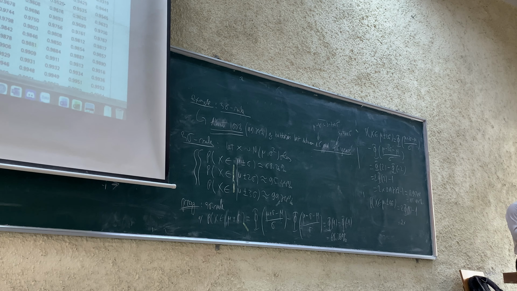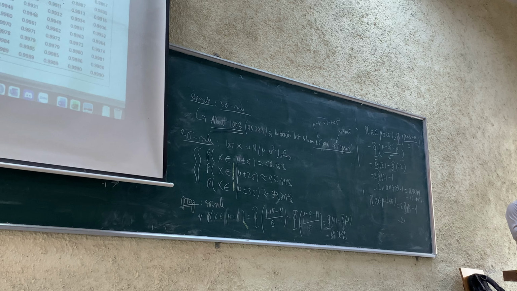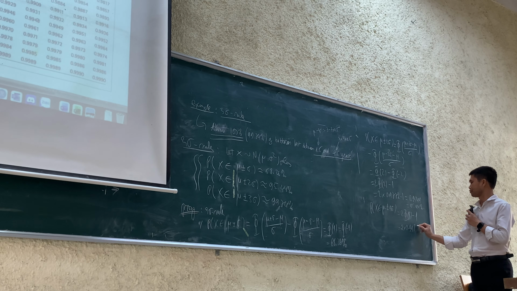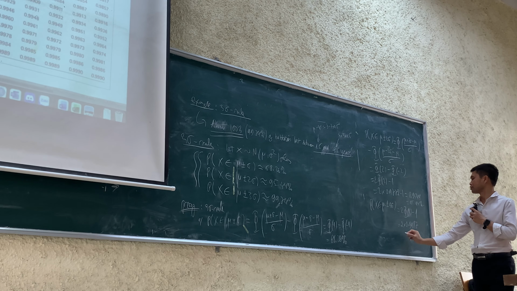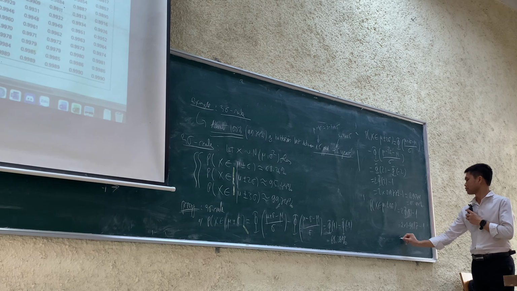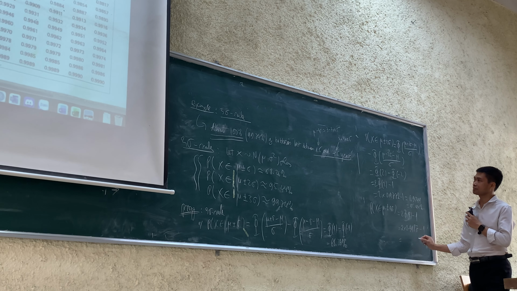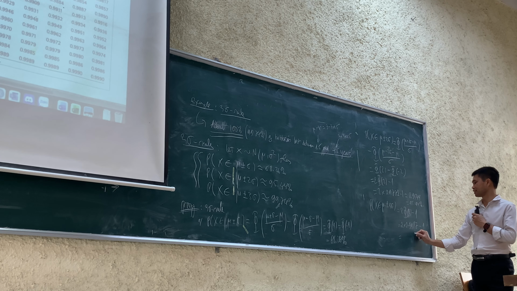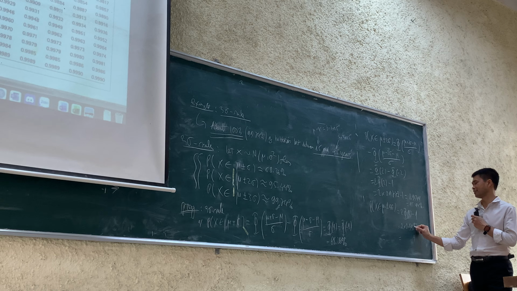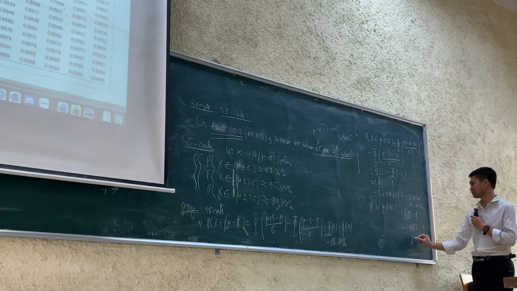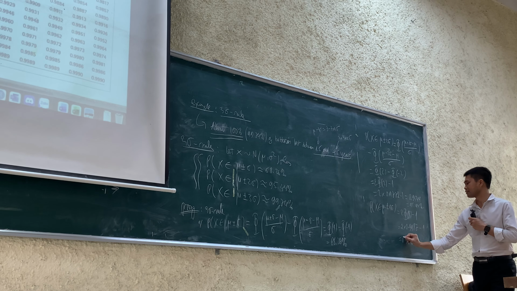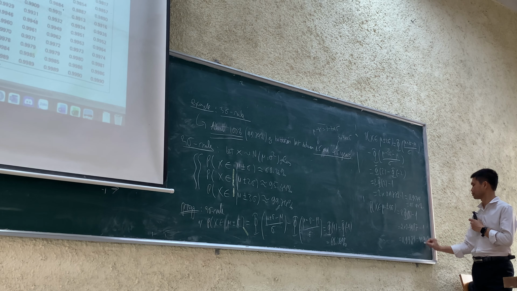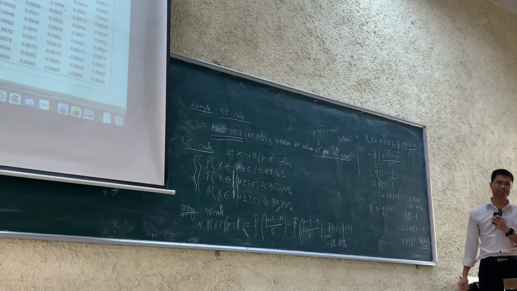What is phi 3? 0.9987. So 2 times 0.9987 minus 1 gives 99.74%. Okay.